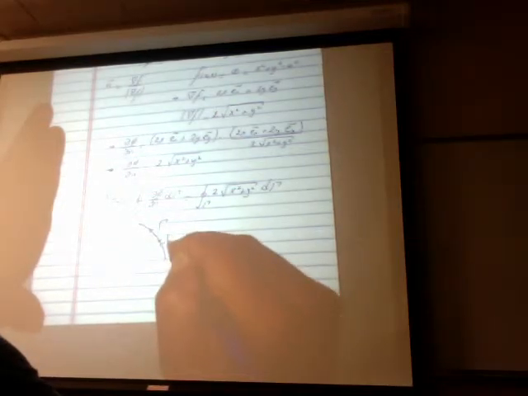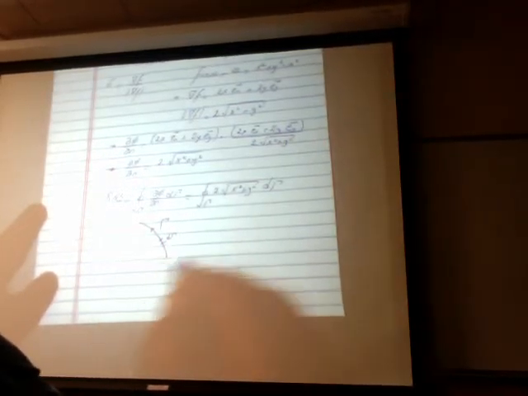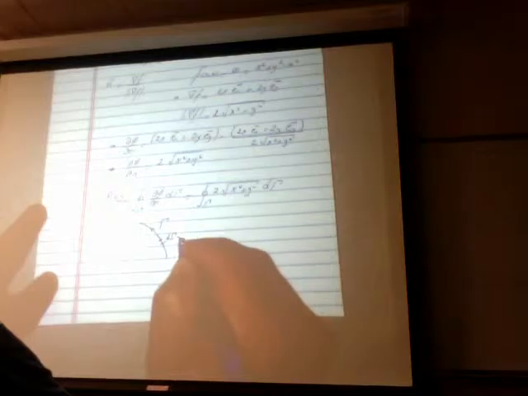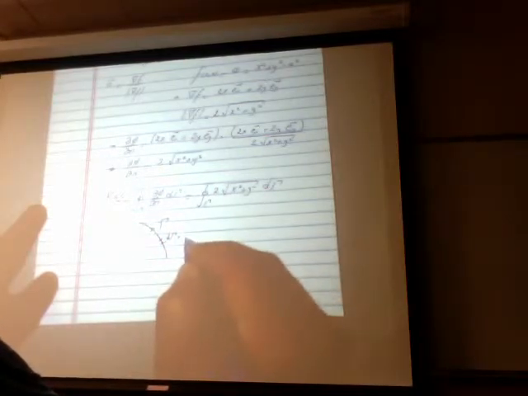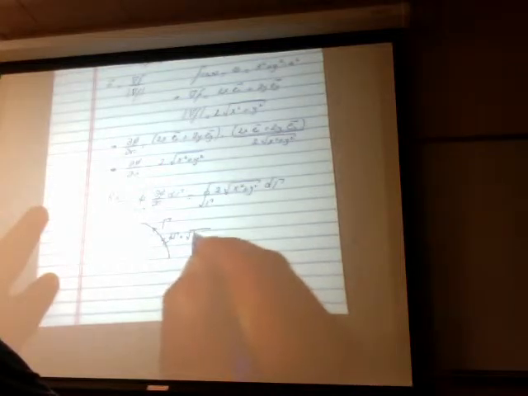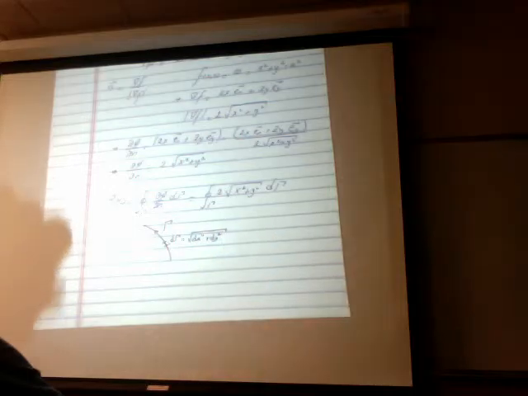Normally, if you focus in there, you would say that d gamma is equal to the square root of a little bit of dx squared plus a little bit of dy squared.